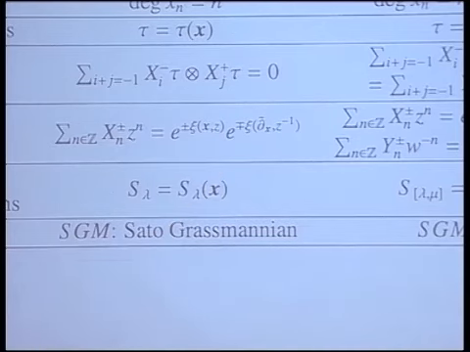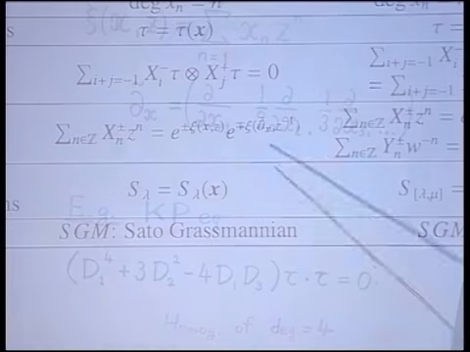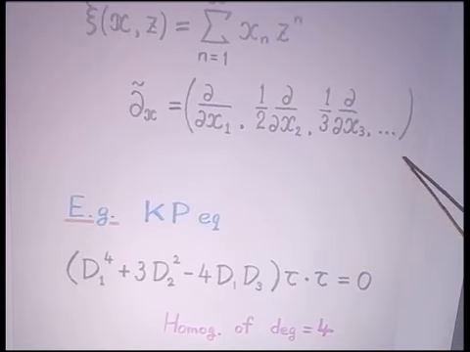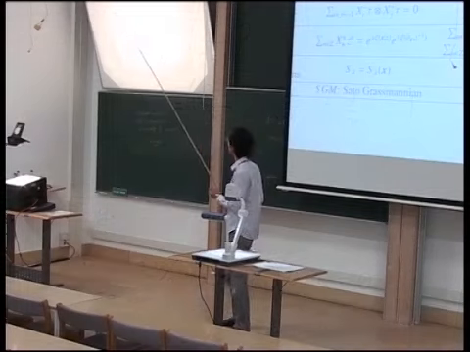D tilde is defined by this vector. And this bilinear identity can be regarded as a generating function of an infinite series of partial differential equations of the KP hierarchy.